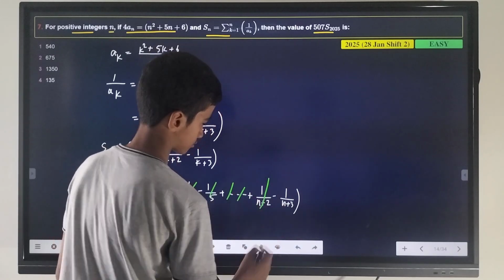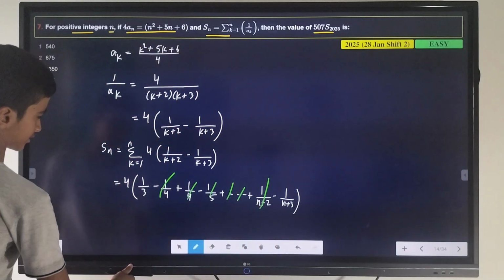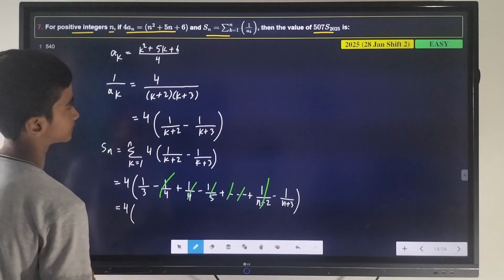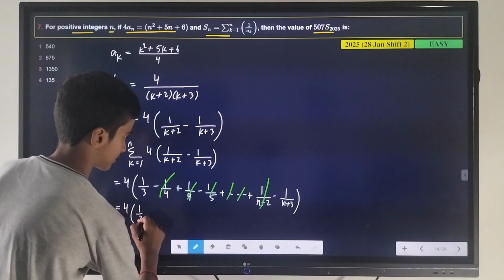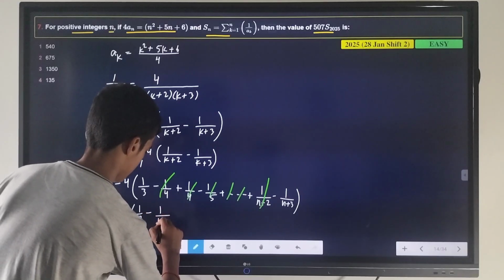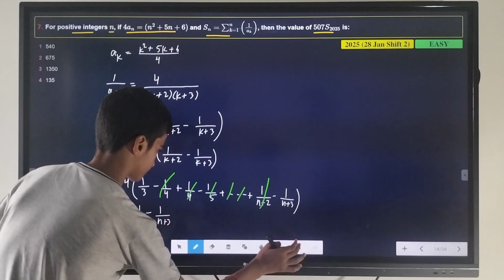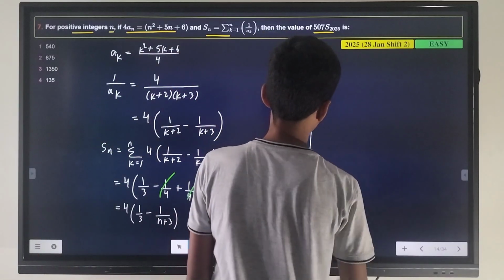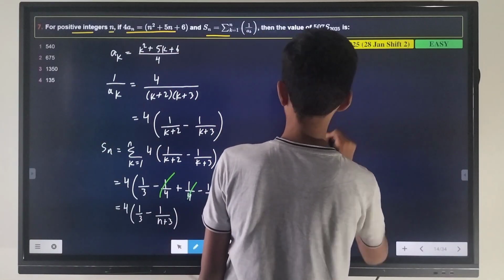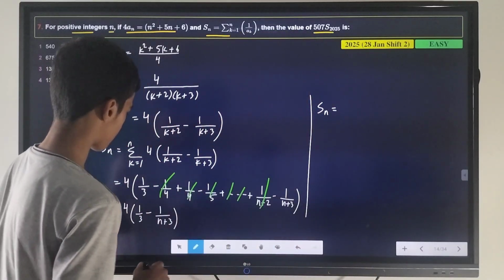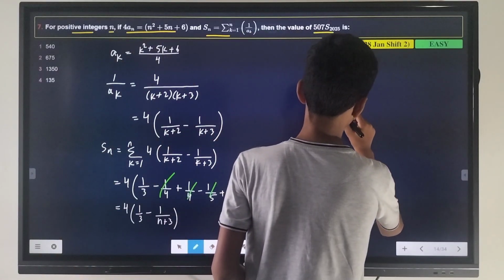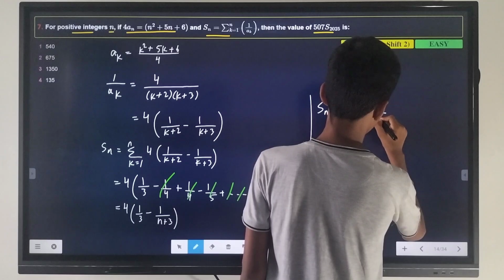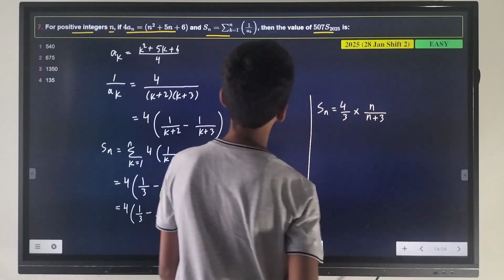Our 1 upon n plus 2 will also get cancelled. So this is equal to 4 into 1 upon 3 minus 1 upon n plus 3. So we can say that our S of n is equal to 4 upon 3 into n upon n plus 3.